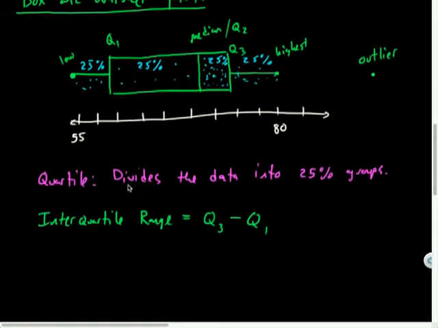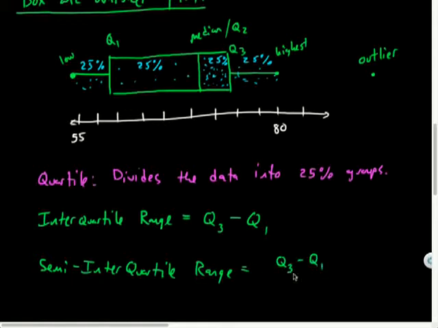And then there's also a concept called the semi-interquartile range, which is half the distance between those two chunks.